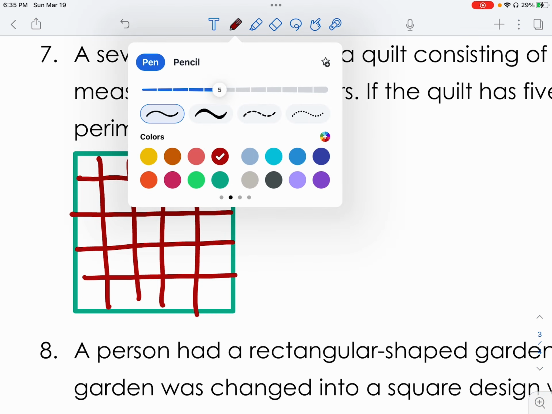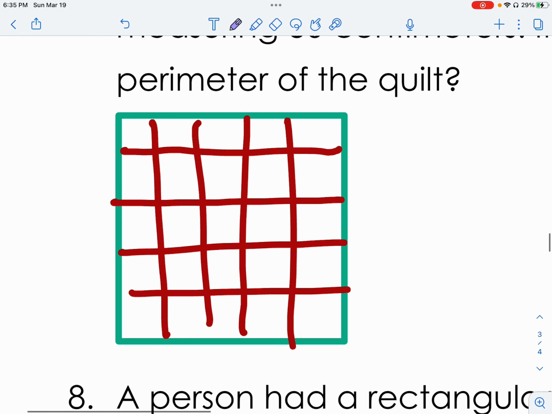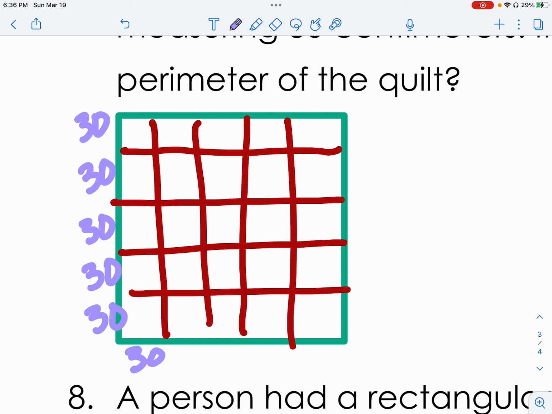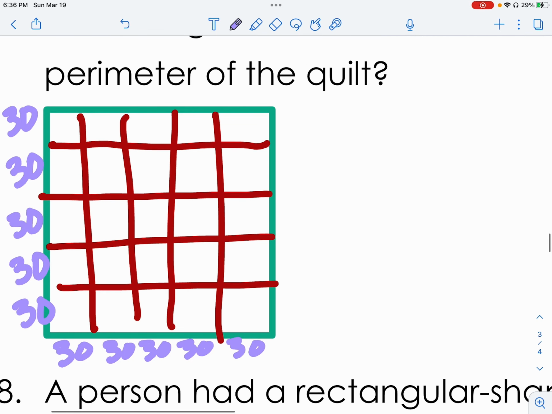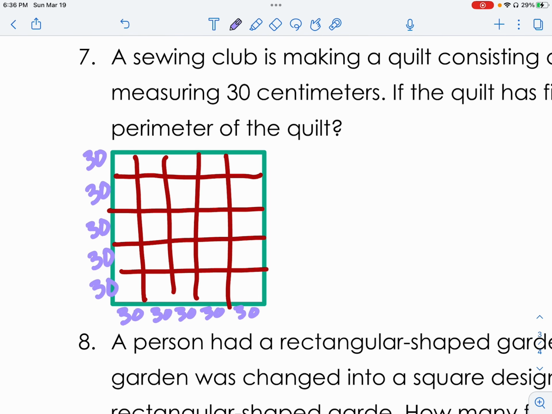Very poorly drawn quilt. I would hope some of you can make a better drawing, or maybe some of you can actually make a better quilt. But we know that each of these little square pieces are 30 centimeters. And I can go all the way around, say 30, 30, 30, 30, 30, all the way around.